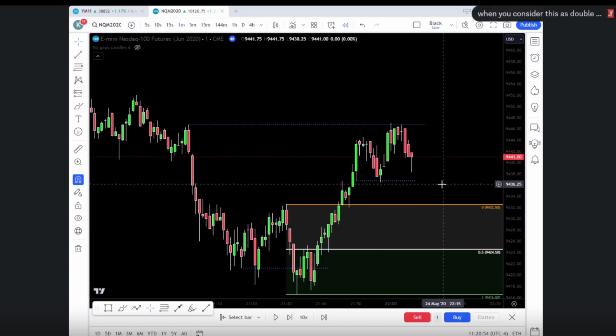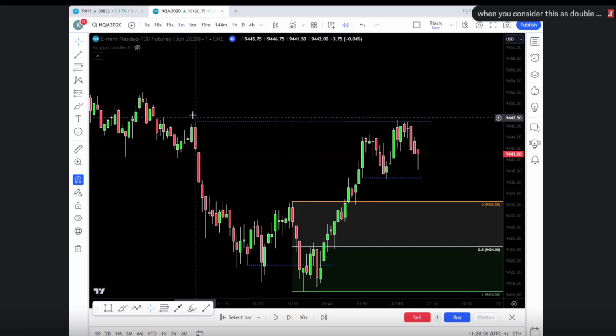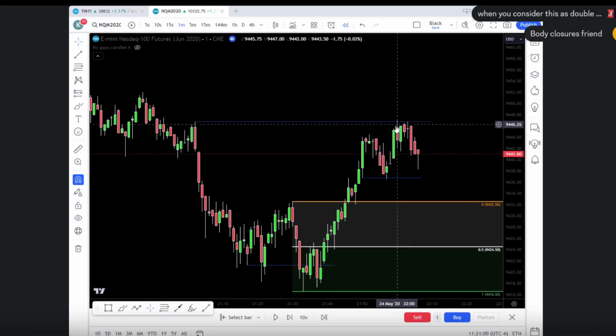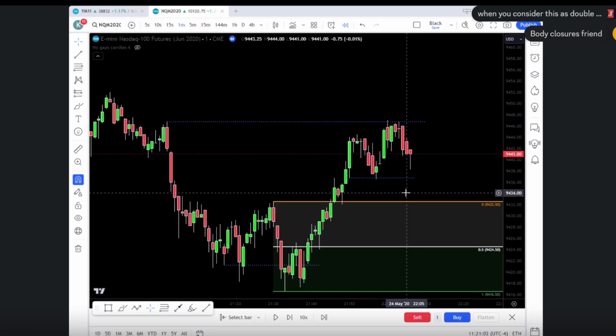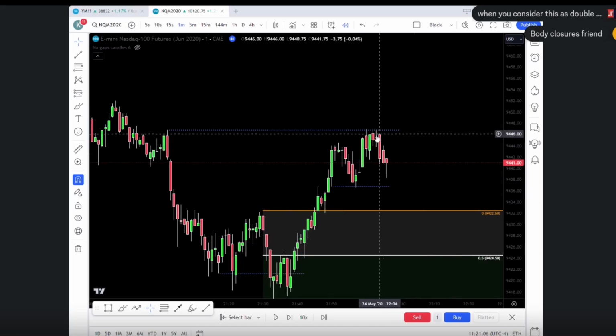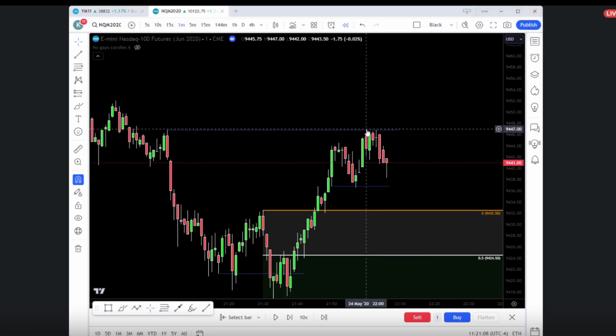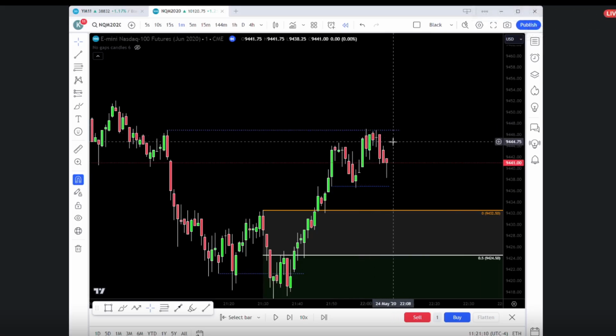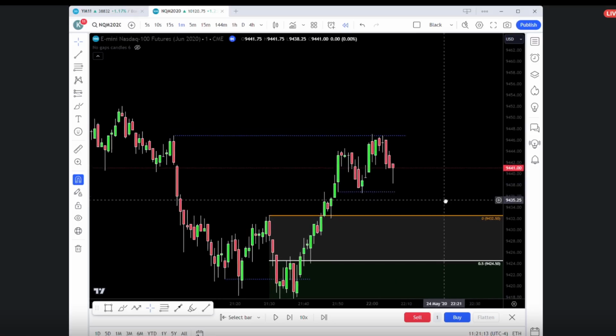Remember that we don't consider, say, a higher time frame. If this was your protected high, we would want a body closure above it on the higher time frame, not a wick. Now remember that double tops, yes, this failed to break above here, so essentially this would be a double top.